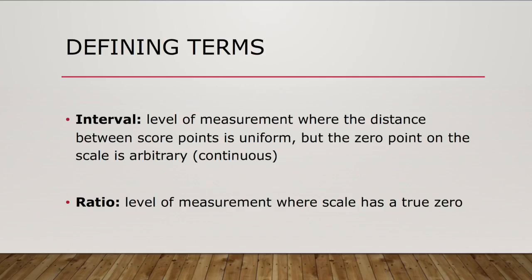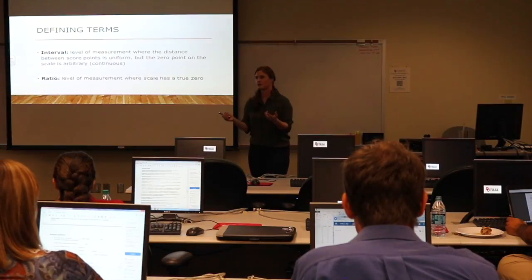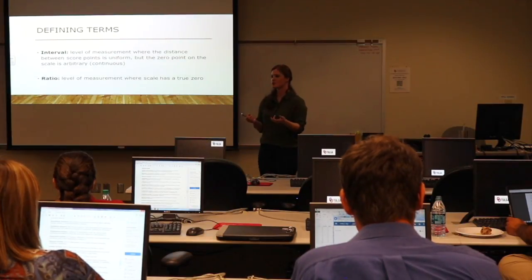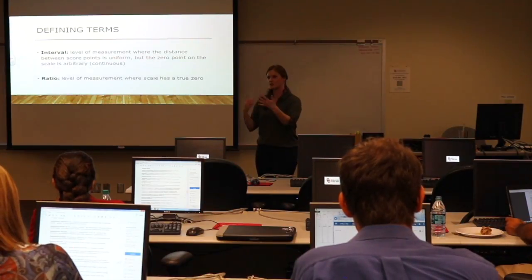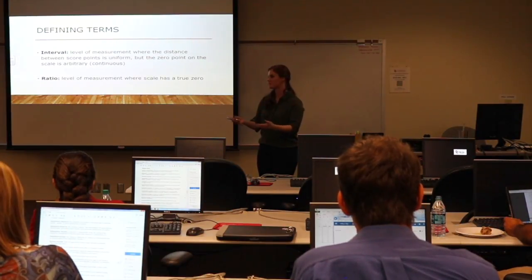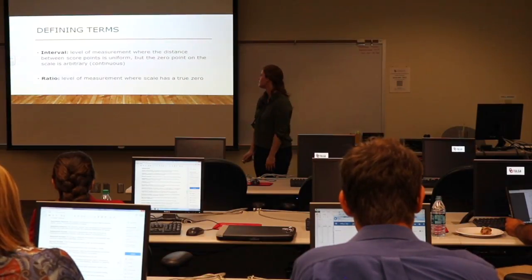And then ratio has all the properties of interval level, but the scale has a true value of 0. A really simple example that comes to mind is number of children. You can have 0 kids or 1 kid or 3 kids or 9 kids, but 0 means something: you have 0 children.